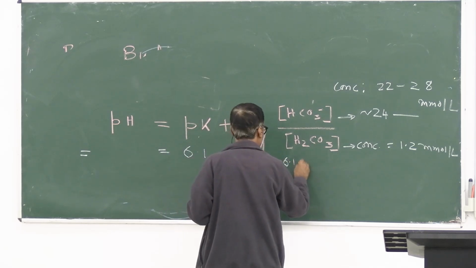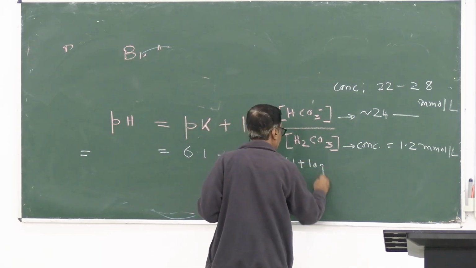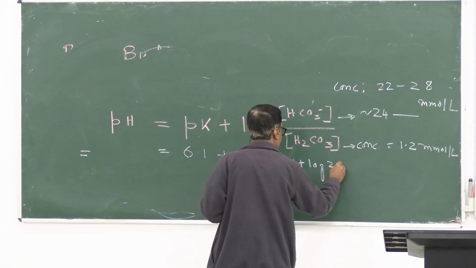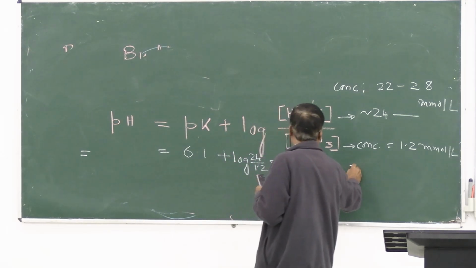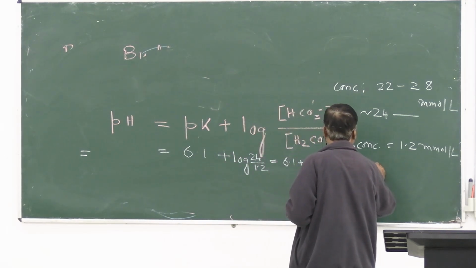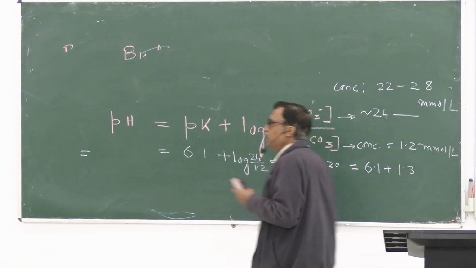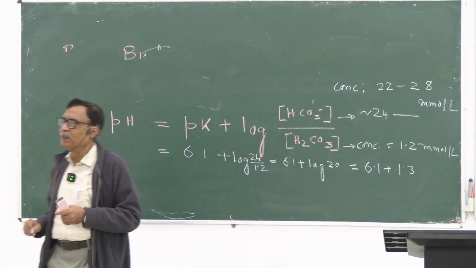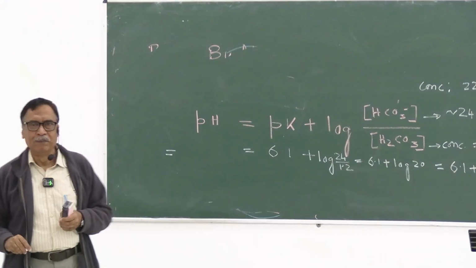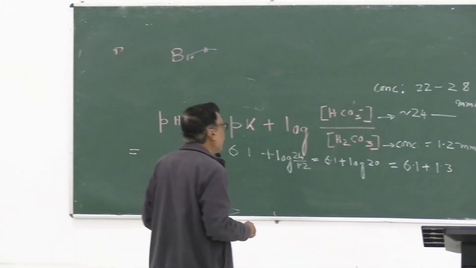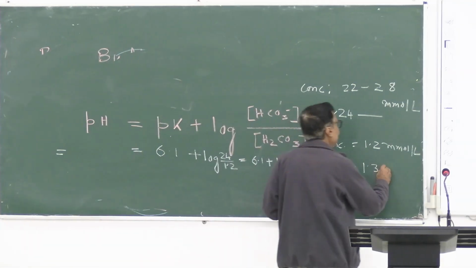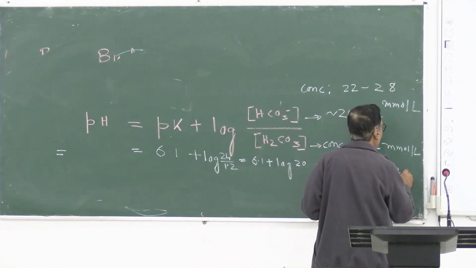So pH equals 6.1 plus log of 20, and log of 20 means you calculate the log of 20 from the logarithmic table, that is 1.3. So 6.1 plus 1.3 is equal to 7.4, the normal pH of the blood.